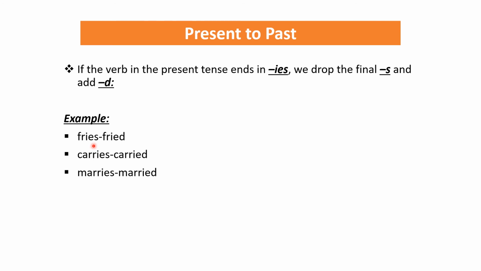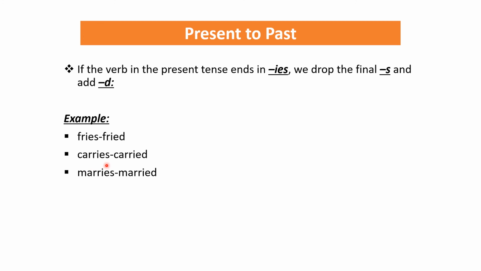The man fries potatoes. If I say the man fries potatoes, then fries is the present tense. If I say the man fried potatoes, that becomes the past tense here. So we drop the final S and add D. Here we just drop the S and we add D to it, then it becomes the past tense.